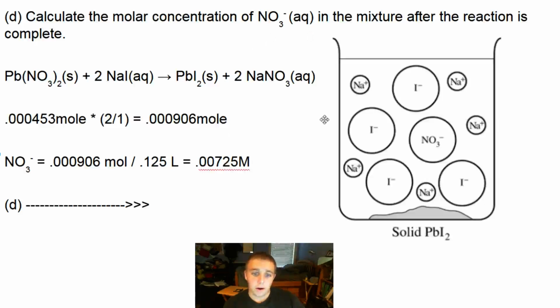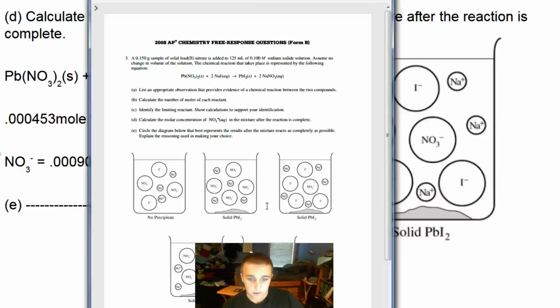And then E, we were asked to pick, of the five pictures here, which one, circle the diagram below that best represents the results after the mixture reacts as completely as possible. Explain the reasoning in making your choice.